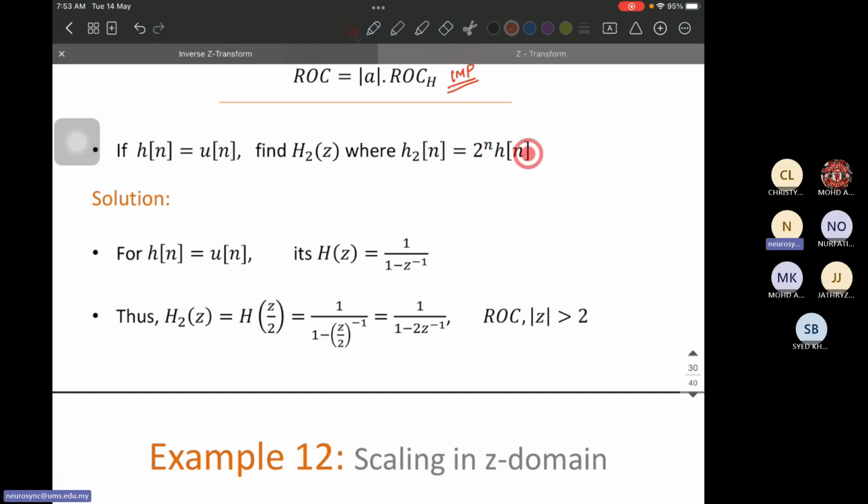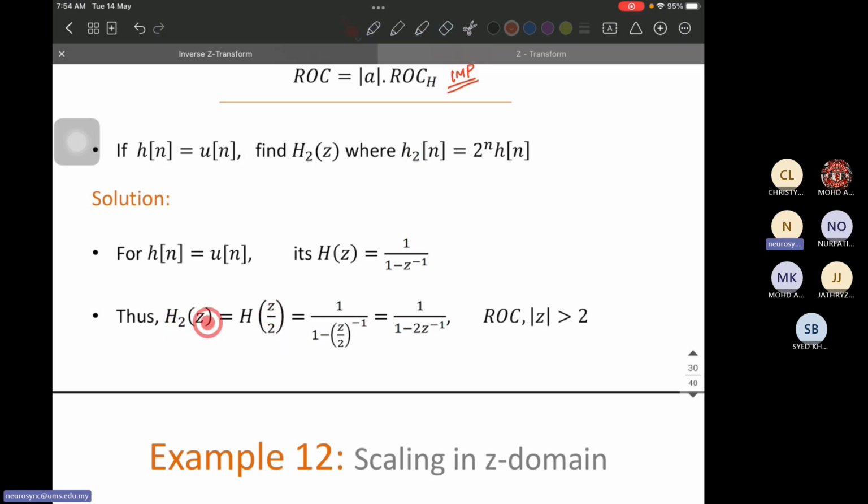Now here we can apply the scaling property and we can get the answer. For the unit step function, we know what H of z is. H of z for this u of n is 1 divided by 1 minus z inverse. So if we multiply this by 2 to the power n, this is scaled by 2, that is z by 2.